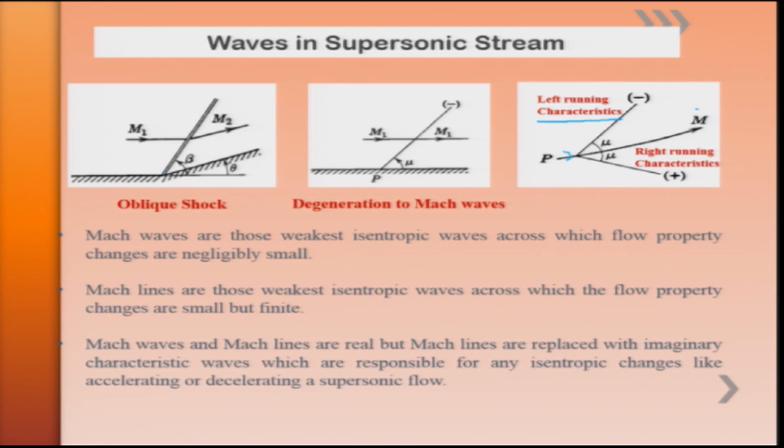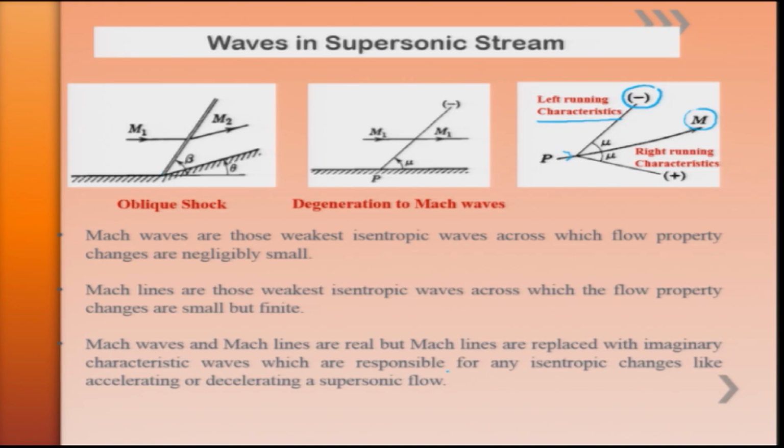If I am traveling along this line, then my left running lines, denoted by the negative sign here, are the left running characteristics, which are actually the Mach lines, but replaced with imaginary characteristics, whereas the right hand side is the right running characteristic waves.